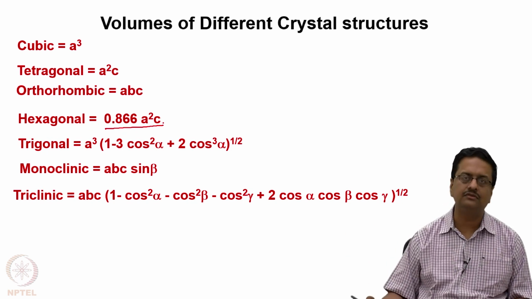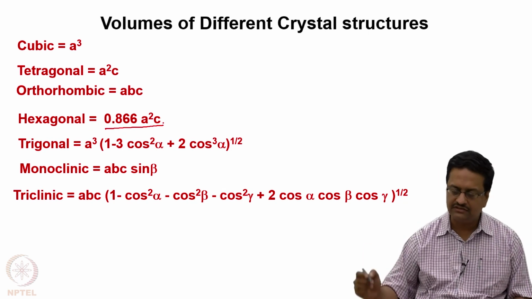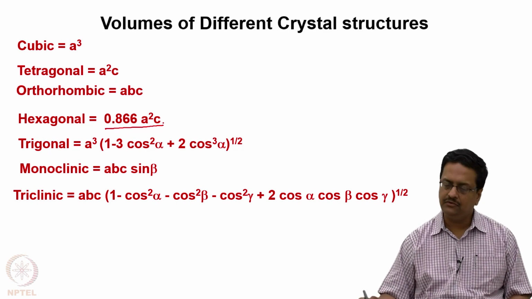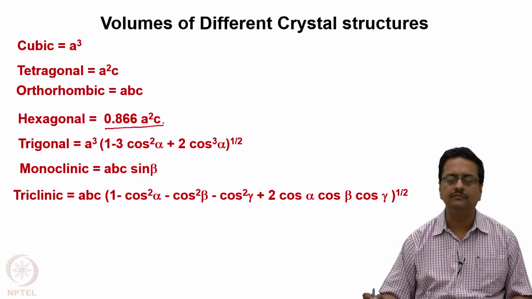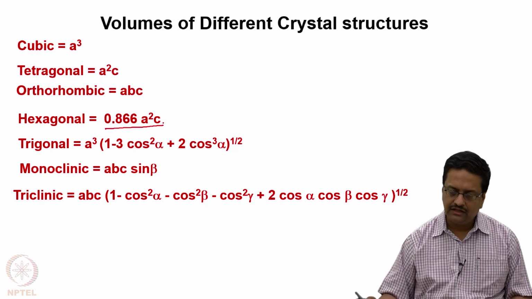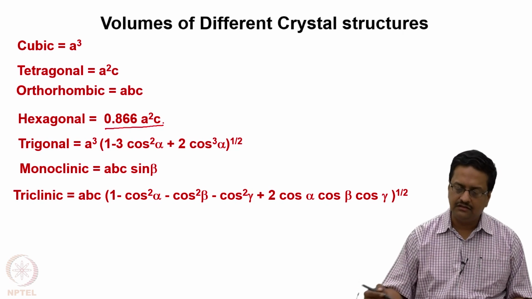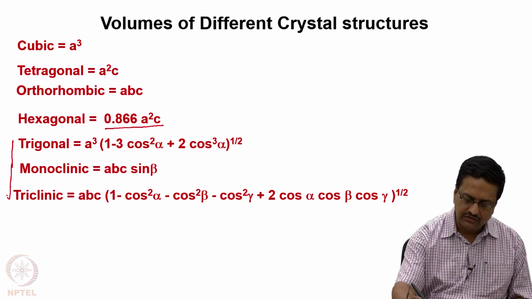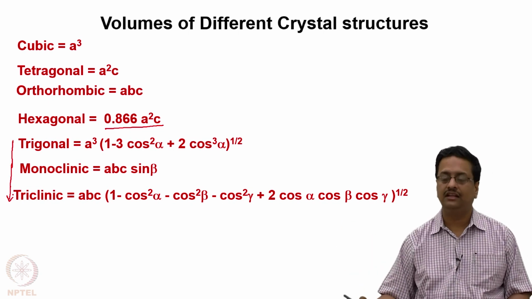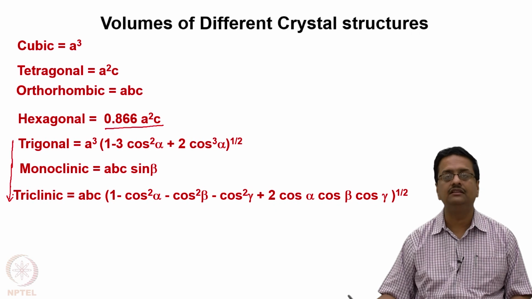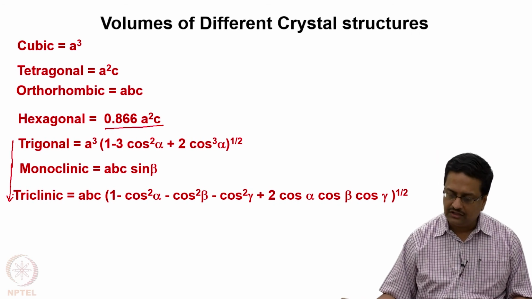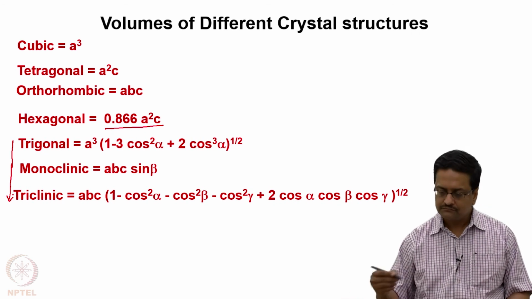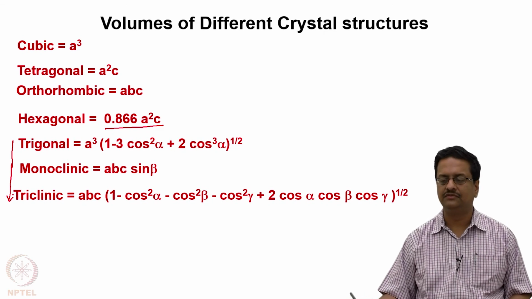I would like you to look at a textbook for how to derive this, because we do not have enough time to derive all these in this particular course. And then as the symmetry reduces from trigonal to monoclinic to triclinic, you can see the formula becomes really complicated to determine the unit cell volume, but these are all required to determine the volume of these crystal structures.